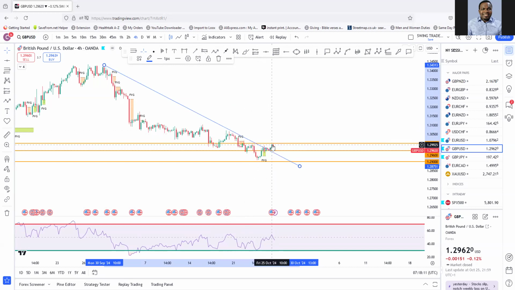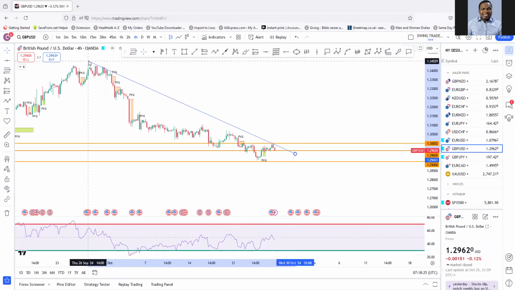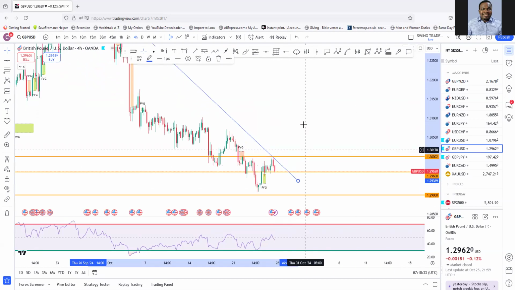We have this lower high being respected at the moment. Price came up to this lower high, and then it dropped to create a new lower low, which is what we're anticipating. So I will put this trend line right there, even though we may have one here. I'll extend this one to the current line and watch.